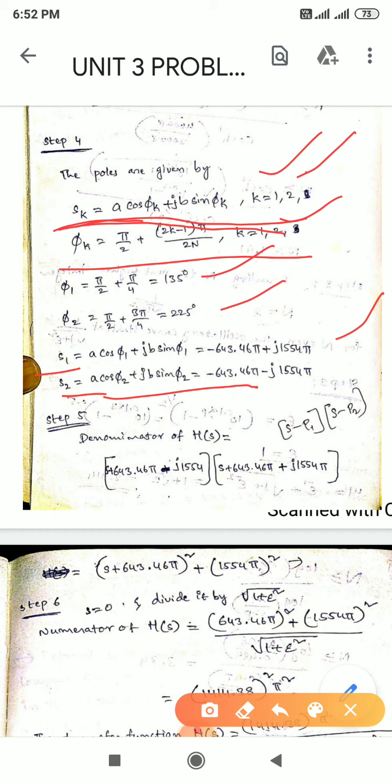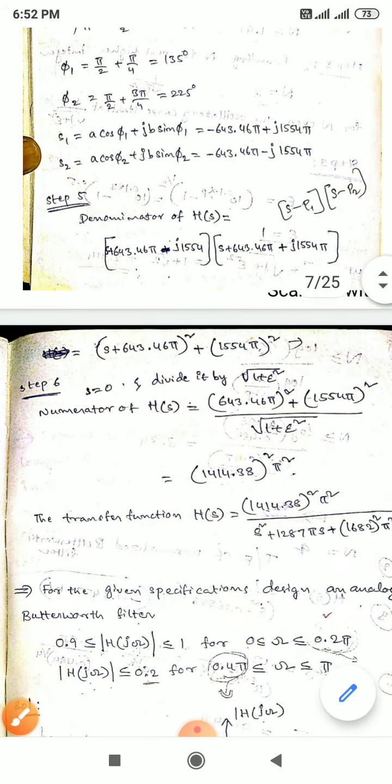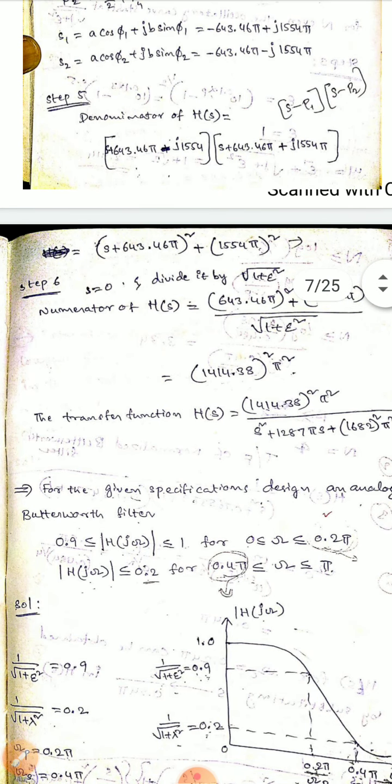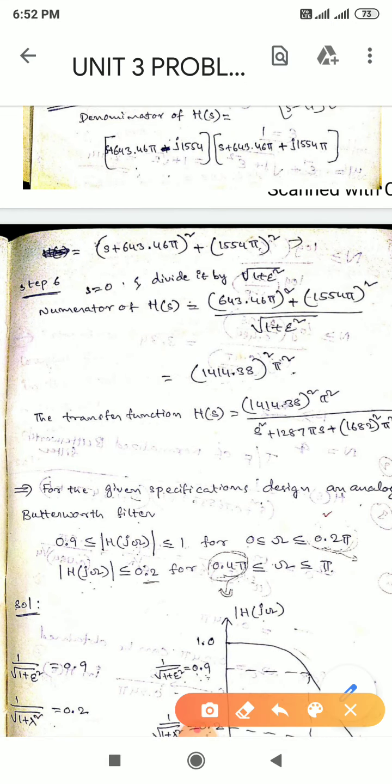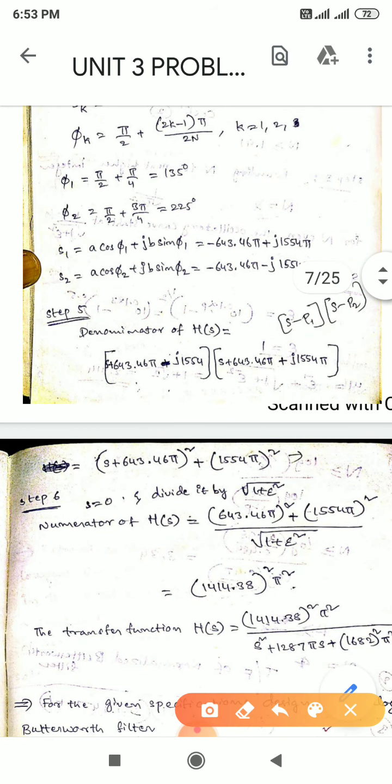Here we are substituting A, phi 2 and B values to get the s2 value. After determining the poles, we are determining the denominator polynomial of H of s.